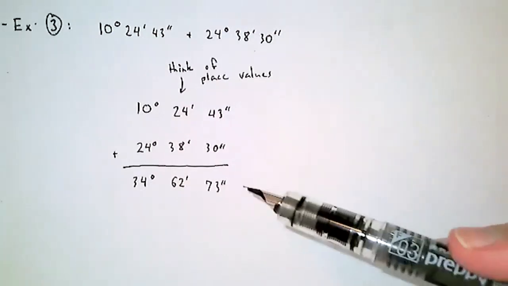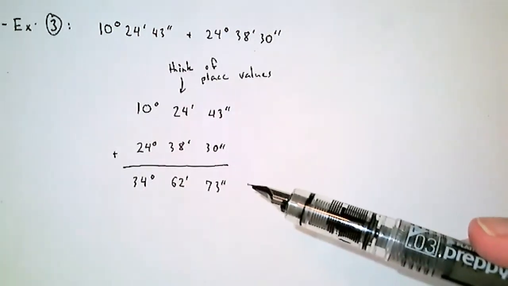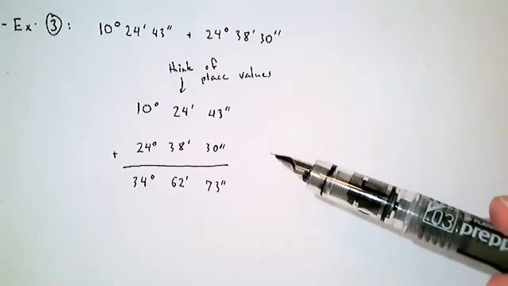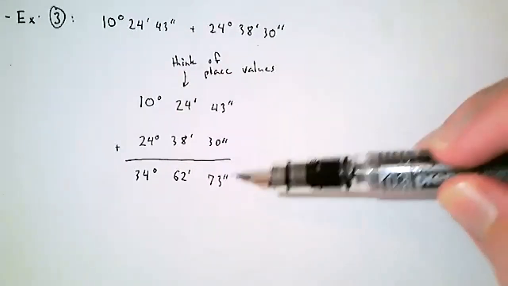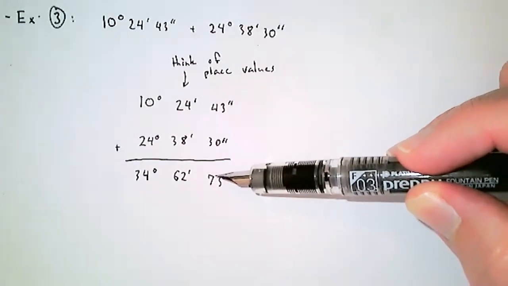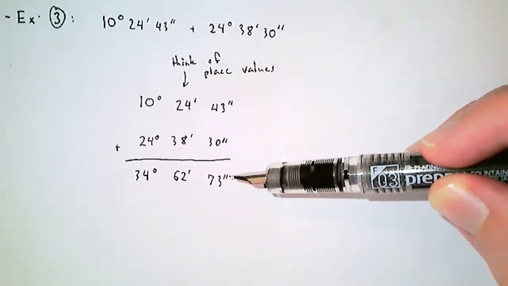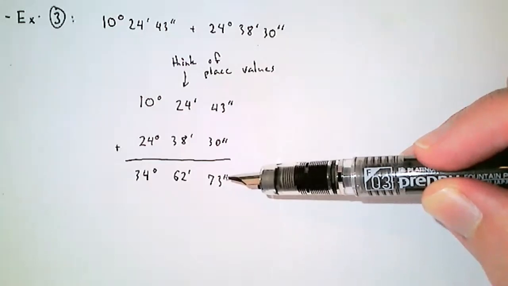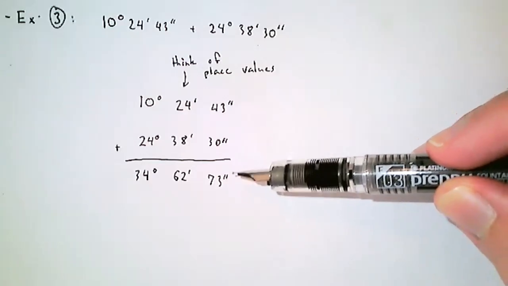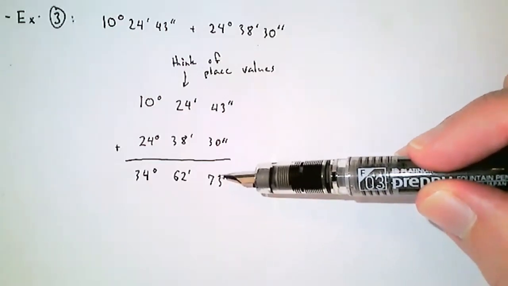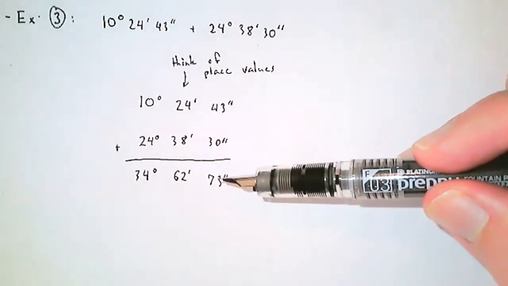So we could stop here, but what I want to do really is simplify this a bit. And what I mean by simplify is that I have, for example, 73 seconds here, but 73 seconds actually adds up to more than a whole minute, because I have more than 60 seconds.